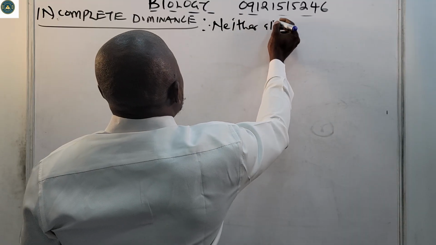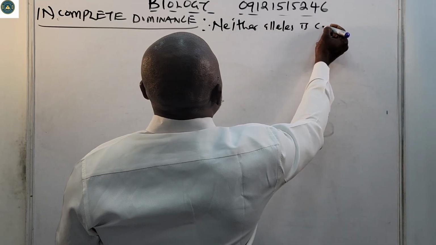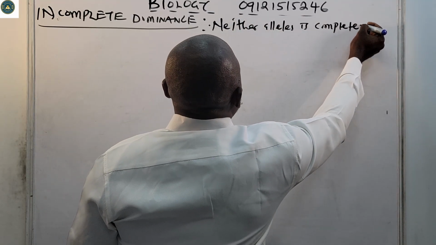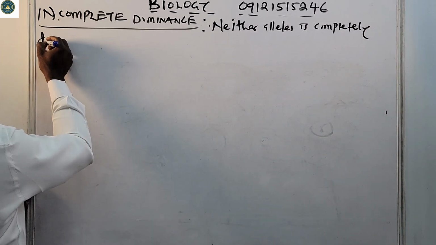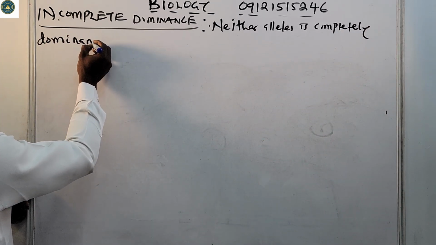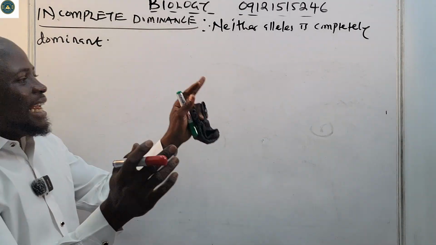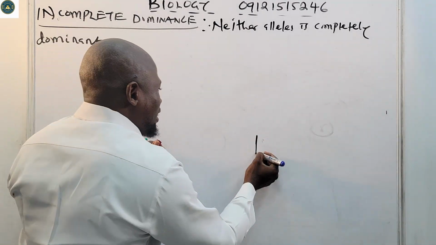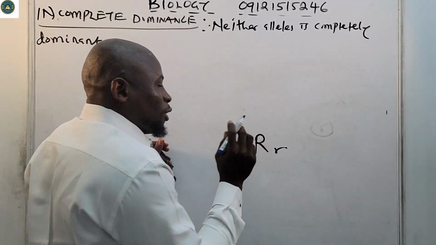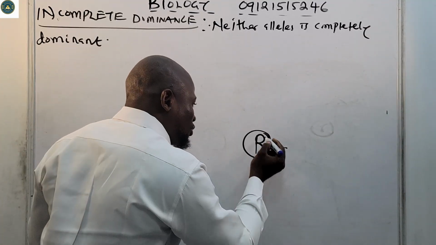Neither allele is completely dominant. So in incomplete dominance, neither allele, not this or this, is completely dominant. This one is not completely dominant over this.